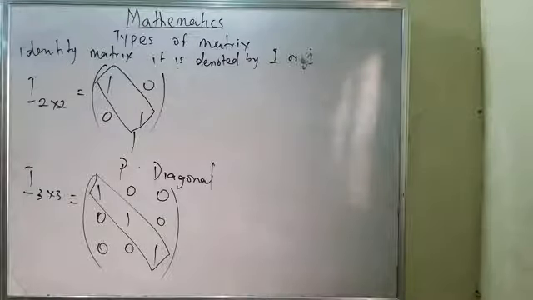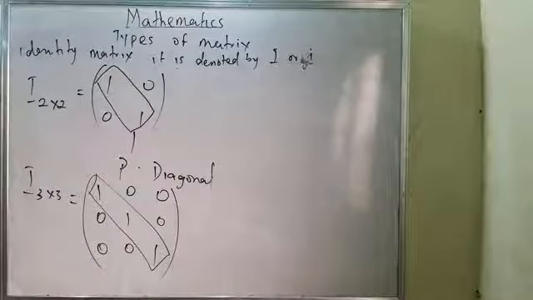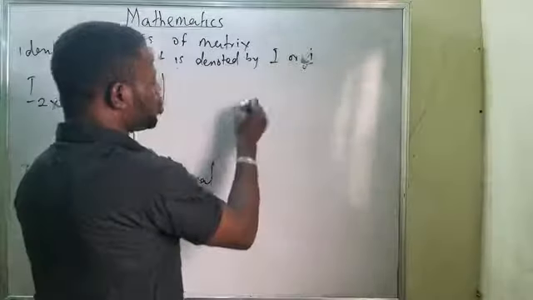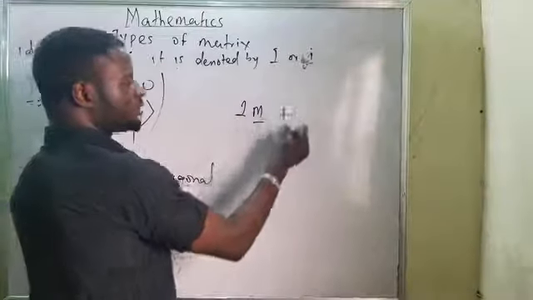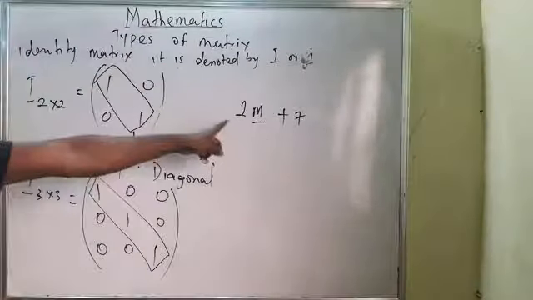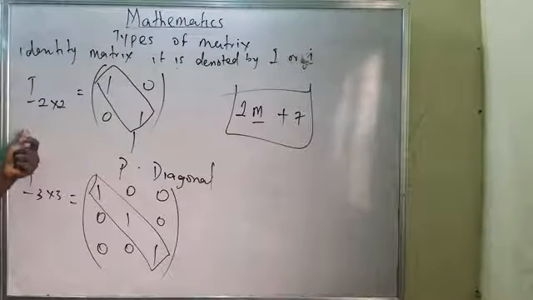Now, how do I use this? For instance, somebody asks you to add 2 times a matrix M plus 7. There's no way you can add this type of number without using the identity matrix.